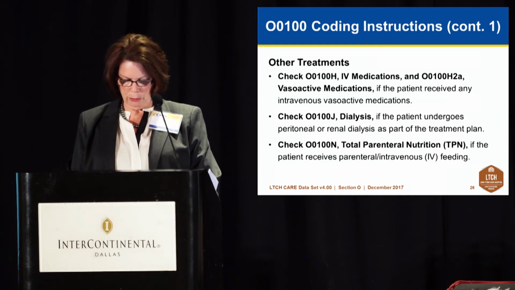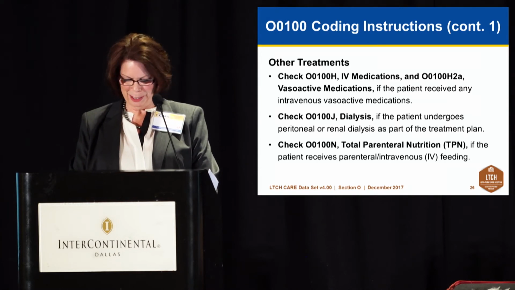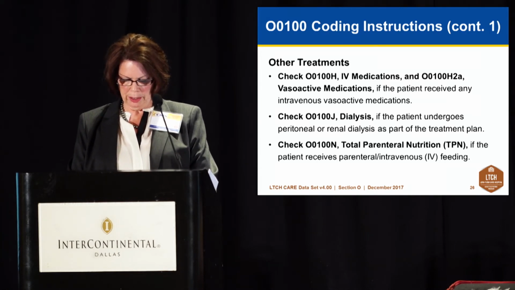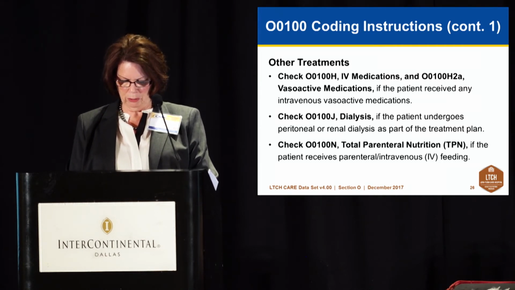Moving on to other treatments, what is new are, as I've mentioned several times now, IV medications and O0100H2A, vasoactive medications. You're going to check this one if the patient received any intravenous vasoactive medications.